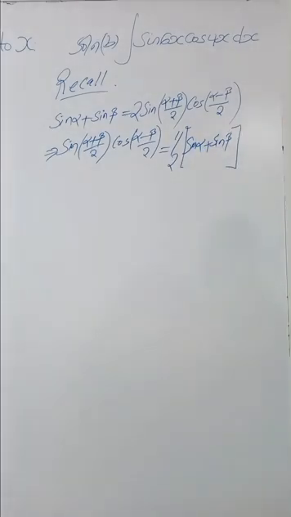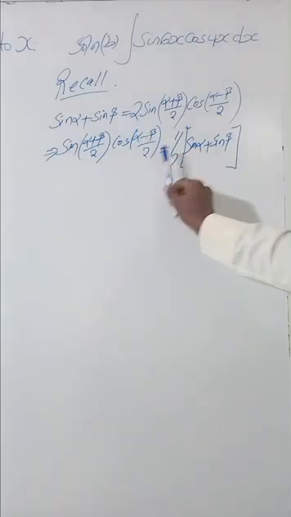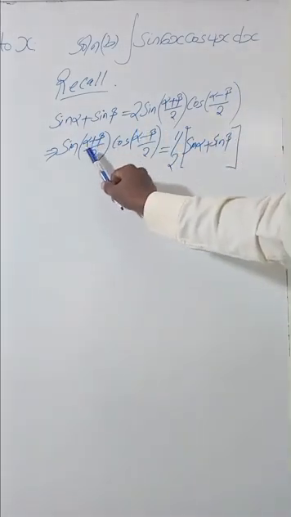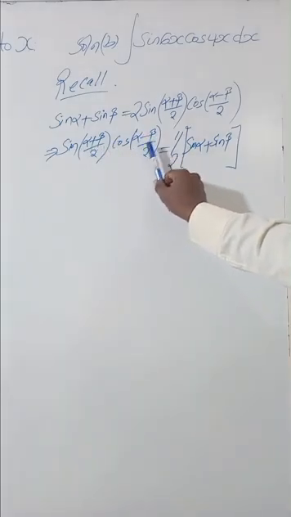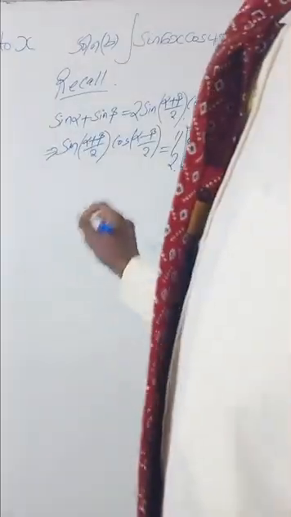Similarly, if you take alpha plus beta divided by 2 minus alpha minus beta over 2, it will give you beta.